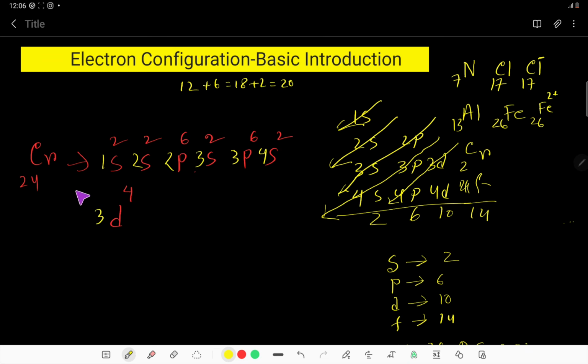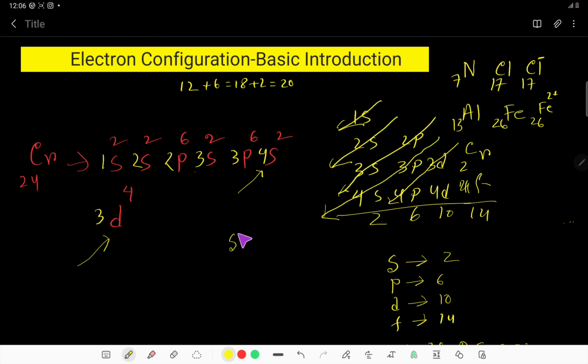So this should be the electron configuration of chromium, but look here, the outermost shell is 4s, is 4, right? And here, the sublevel immediately before the outermost shell is 3, that is 3d, right?